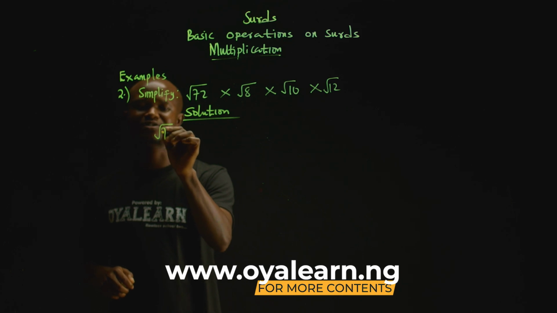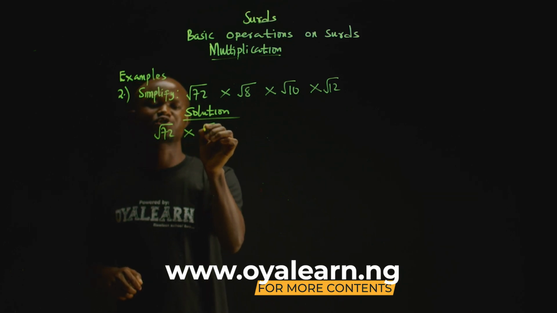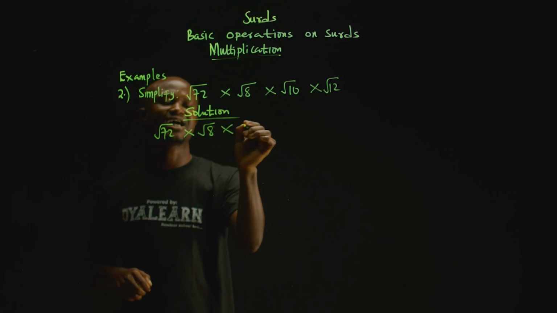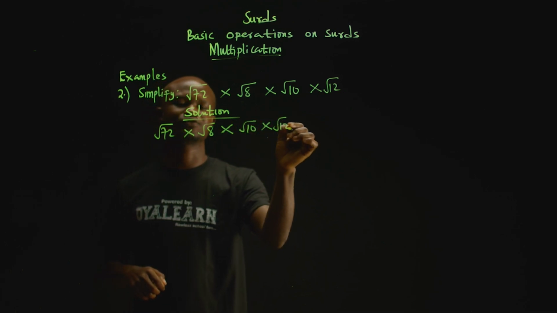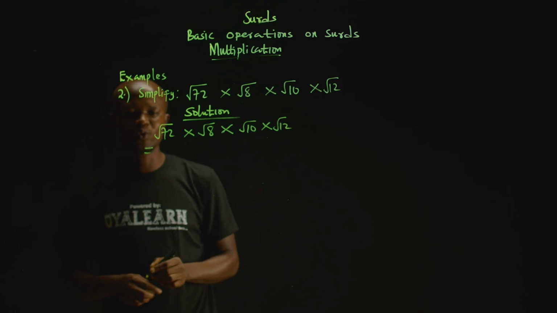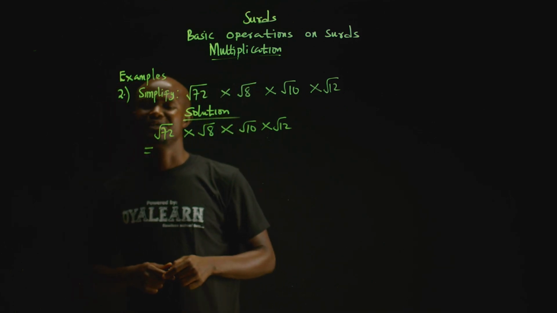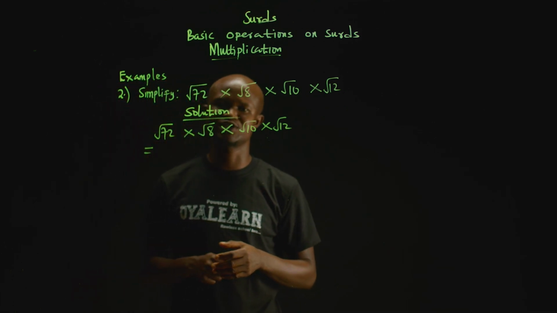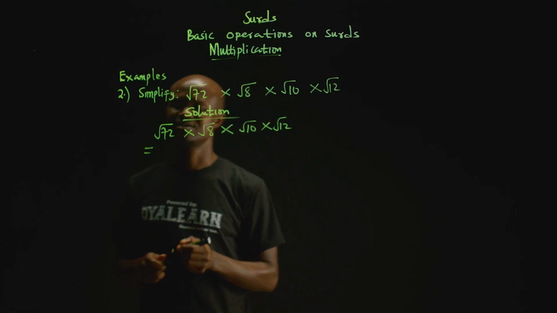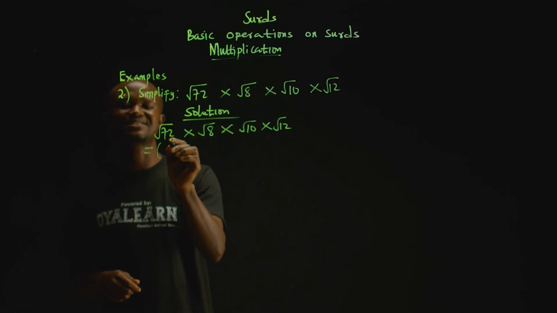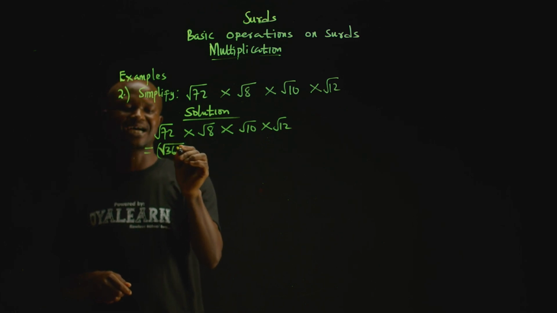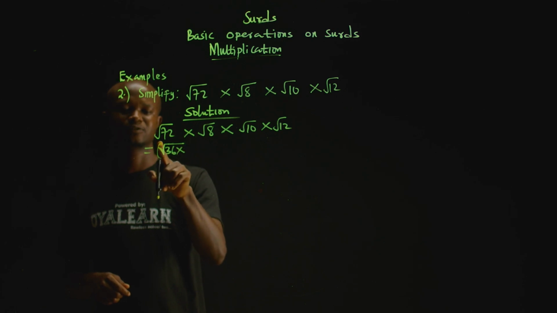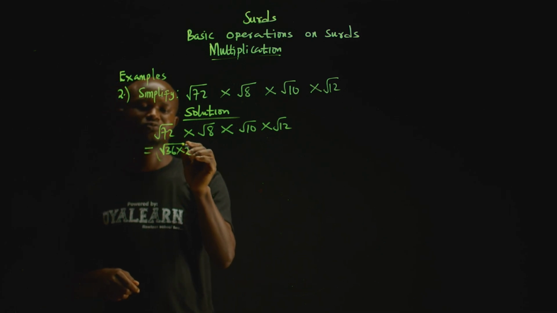Square root of 72 times square root of 8 times square root of 10 times square root of 12. Now we have 72. The highest perfect square number in 72 is 36. So we can express this as square root of 36 times 2.